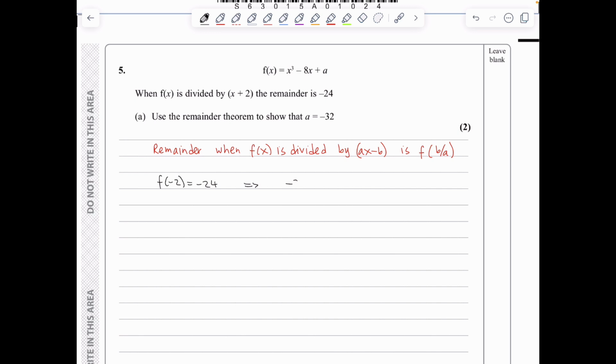This leads to minus 24 is minus 2 to the power of 3 minus 8 times minus 2 plus a, and therefore we obtain that minus 24 is equal to 8 plus a, leading to minus 32 is equal to a as required.